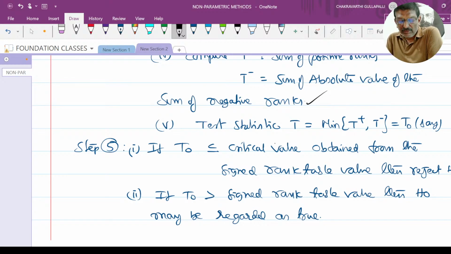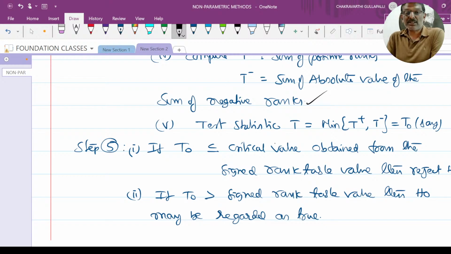Compare the T calculated value with the signed rank table values. This is the reverse case of the parametric test. In a parametric test, if Z calculated is less than or equal to the Z table value, we fail to reject H naught, otherwise we reject H naught.